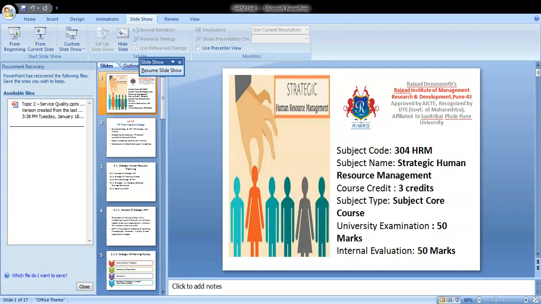In this unit we will see the following points, which are business strategy and human resource planning, then human resource planning process, job analysis, then forecasting and analyzing HR demands, that is qualitative and quantitative, then supply forecasting, external and internal, and comparison of demand and supply forecasting.